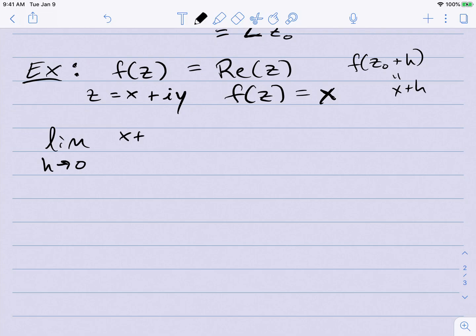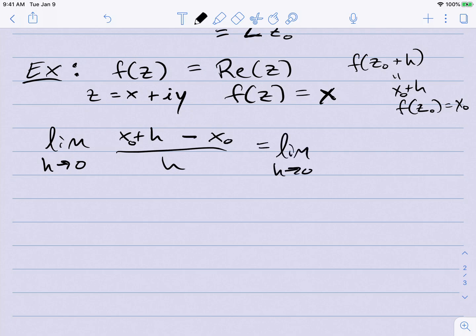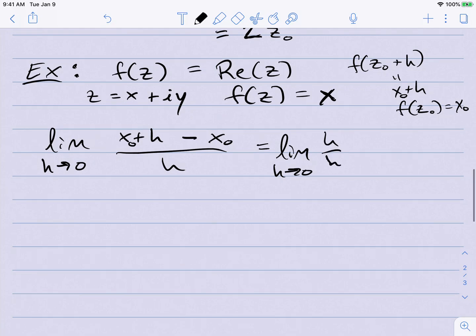So I have x0 plus h on the top, minus f of z0, which is just x0. So x0 plus h minus x0 divided by h. The x0's cancel, and so I get the limit as h goes to 0 of h over h. But h is non-zero. Since we're looking at the limit, we're looking at points near 0, but not on 0. So this is just equal to 1. Okay, so I've shown that the limit here is equal to 1.